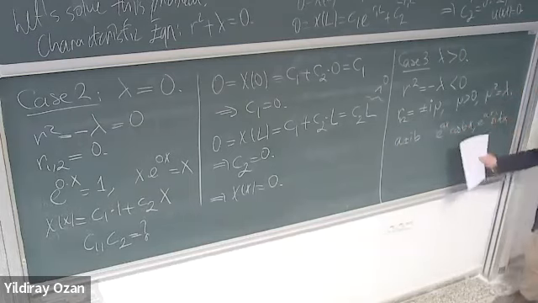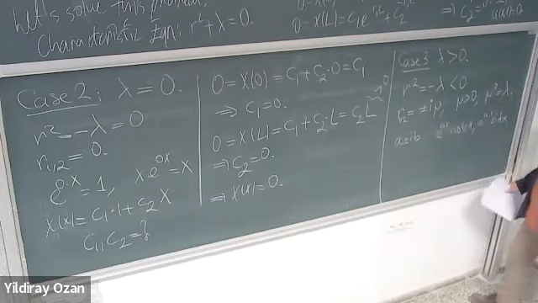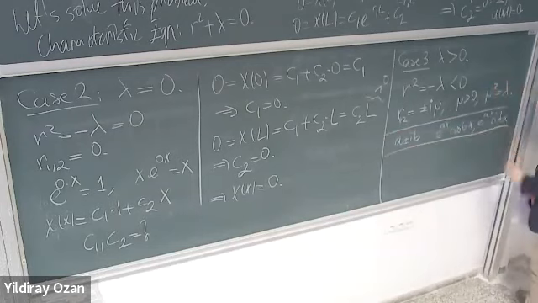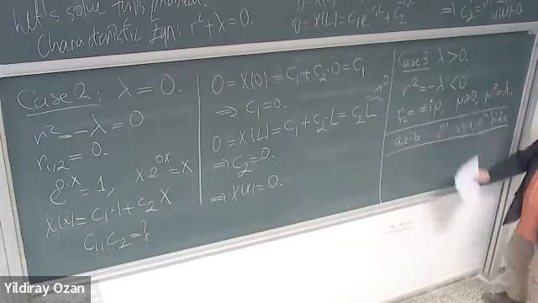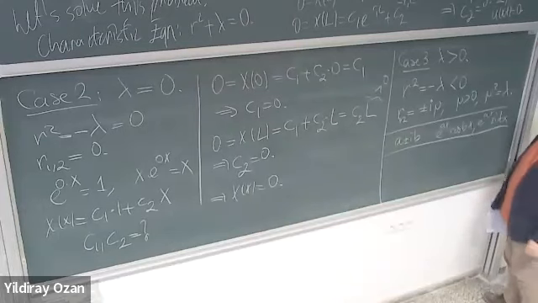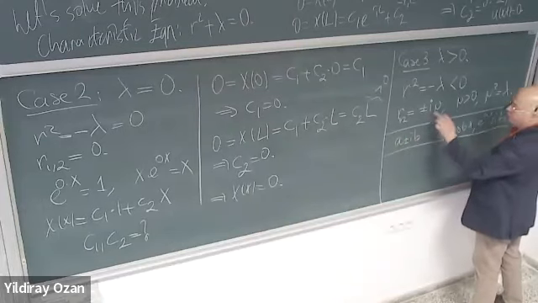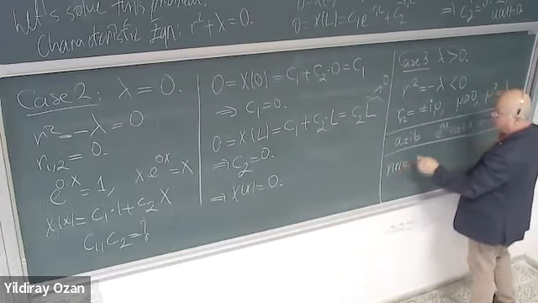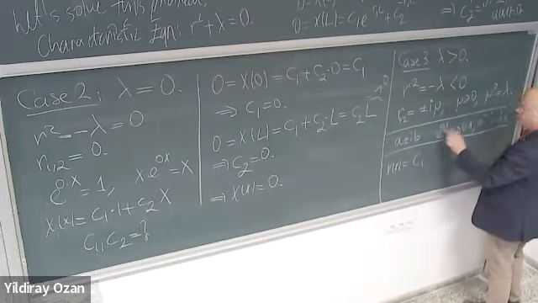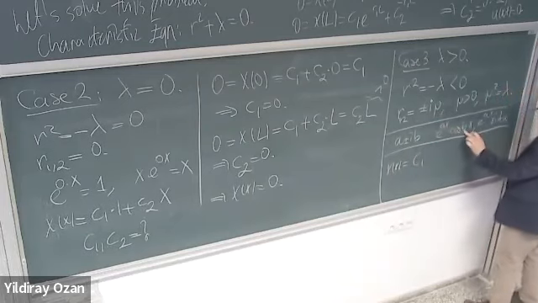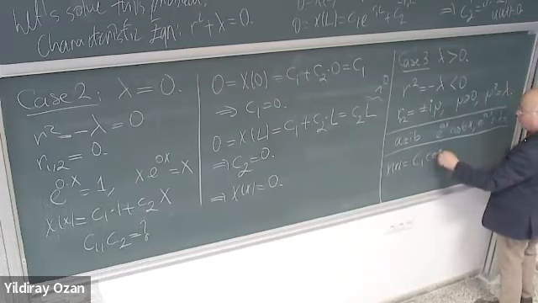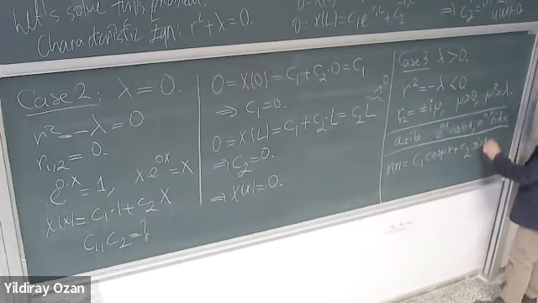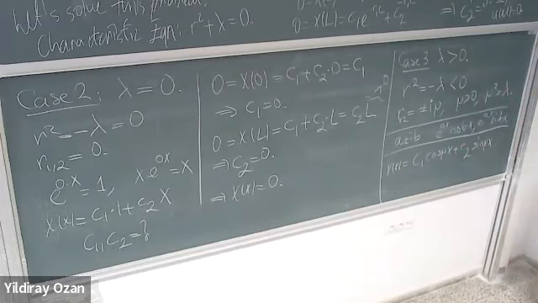That would be the solutions for this kind of roots of the characteristic equation. In our case, there is no real part. So the solutions we obtain are X of x equals C1 cosine mu x plus C2 sine mu x. Okay.